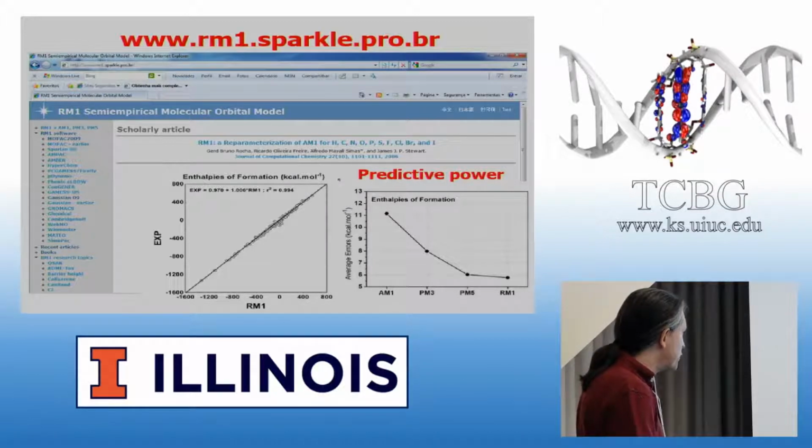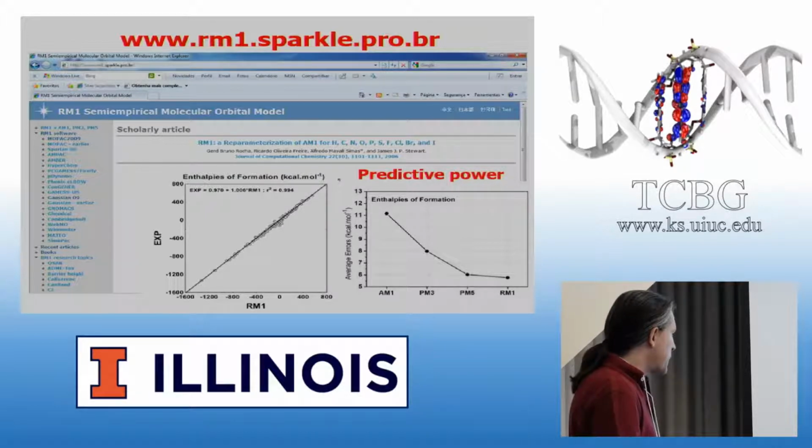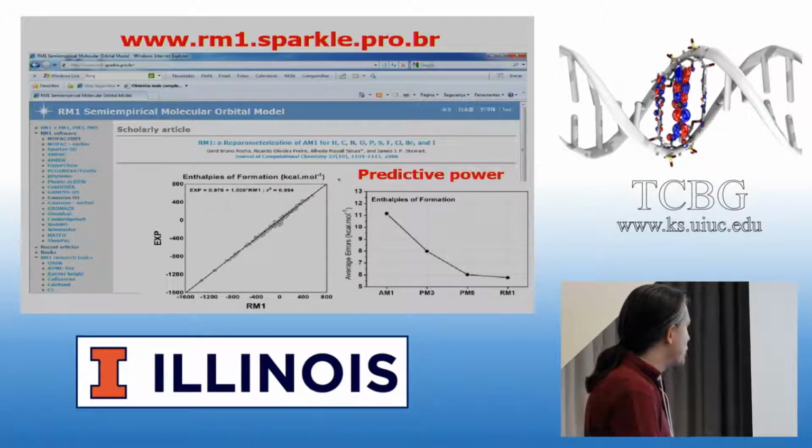On this axis, you can find the experimental results. On this axis, you can find the RM1 predictions for the enthalpy of formation.